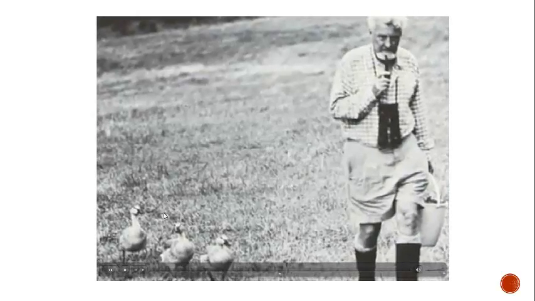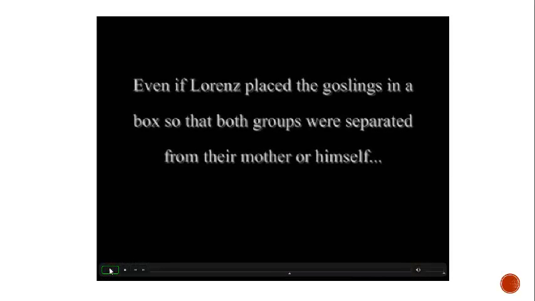So here you see the geese following Konrad. So this idea of who their mother was imprinted in their brains. Really interesting.